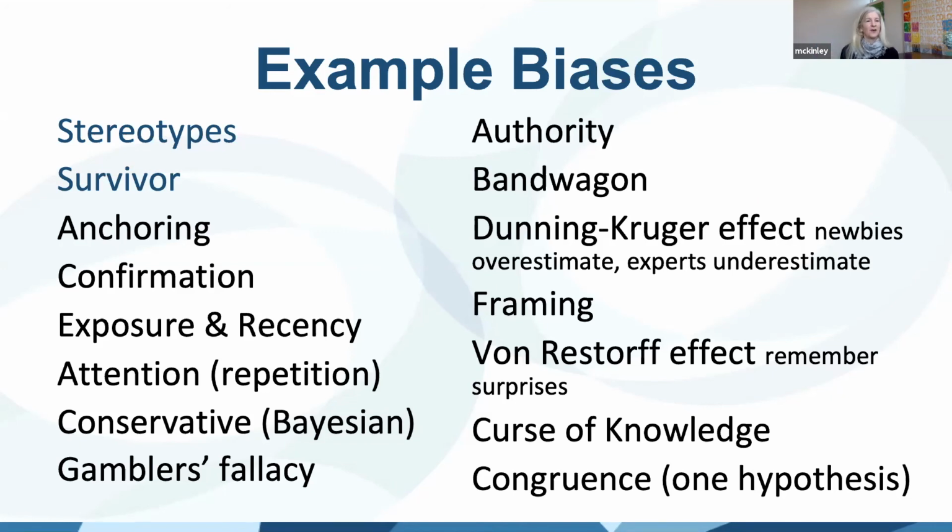And you have stereotypes and survivor bias, like because people are still there in the field, you think in order to be like them, those are more the personal biases.